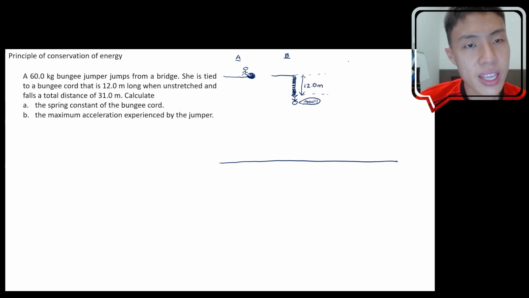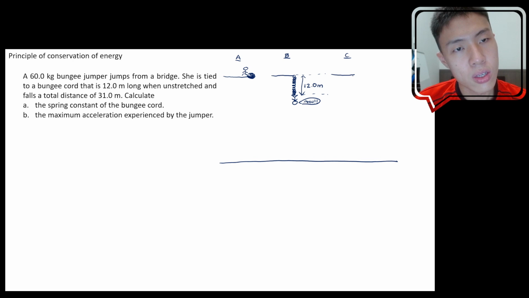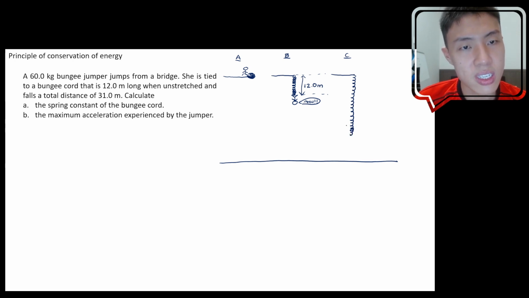Then from here onwards, your spring will start to stretch. Let's draw situation C. Your spring will already be stretched and you will reach the maximum total distance that you can travel.